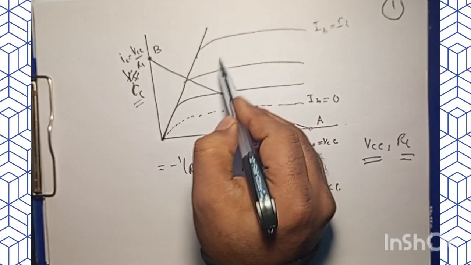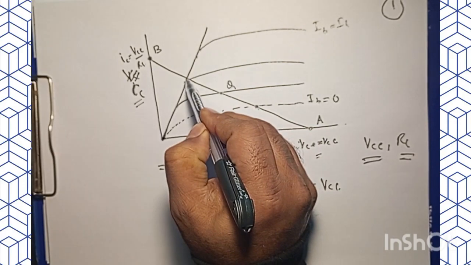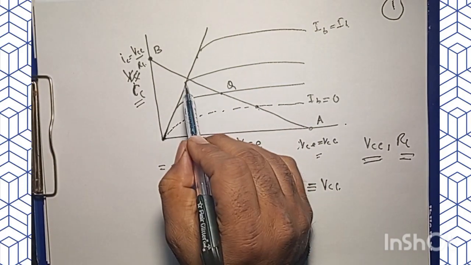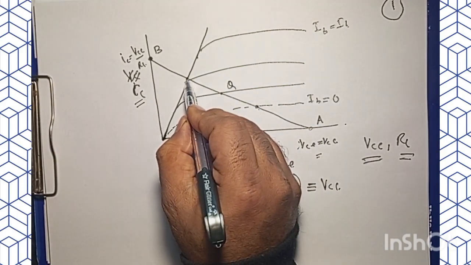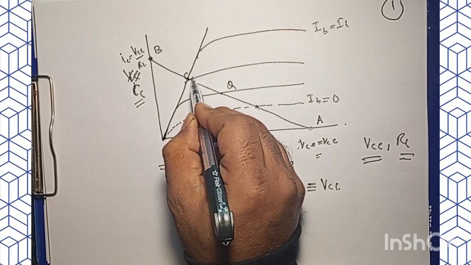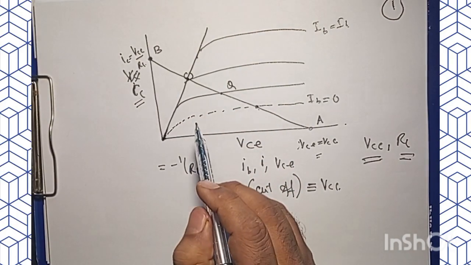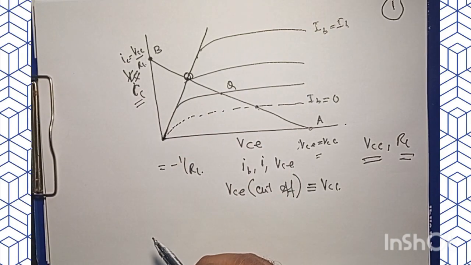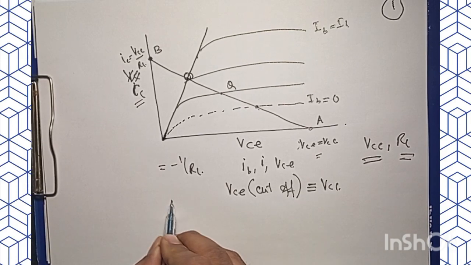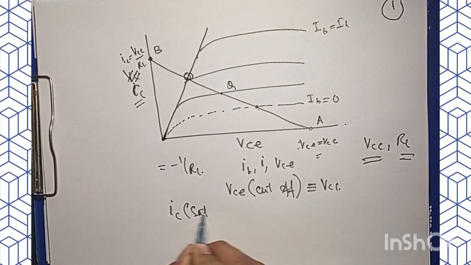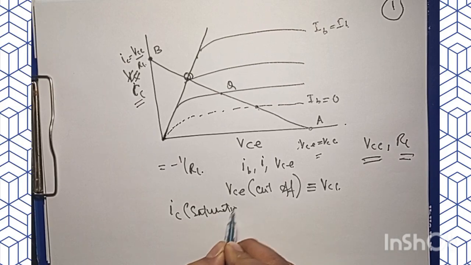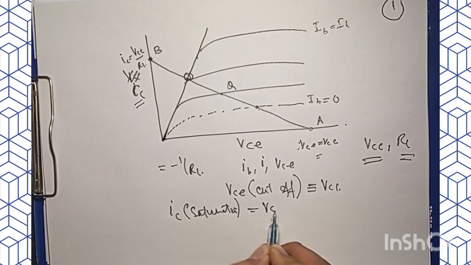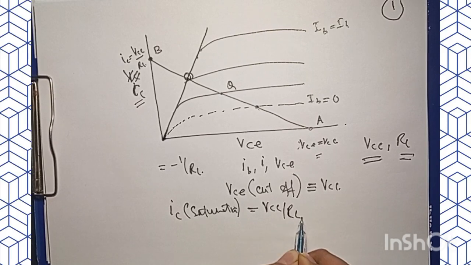And the point where this load line intersects with this IB, we refer to as the point of saturation, right? Now at this point the collector current is maximum. To a close approximation, this IC saturation is VCC by RL.